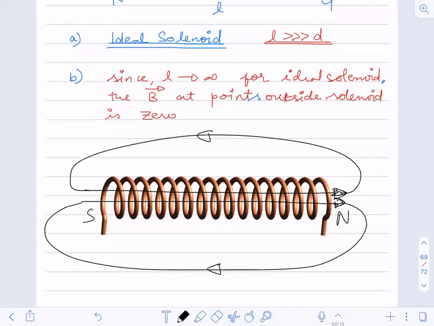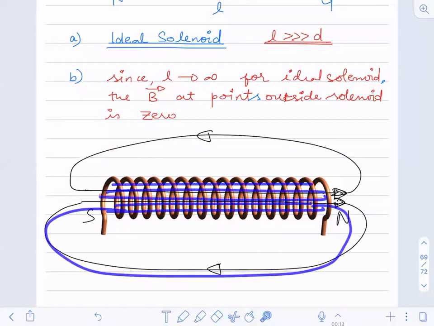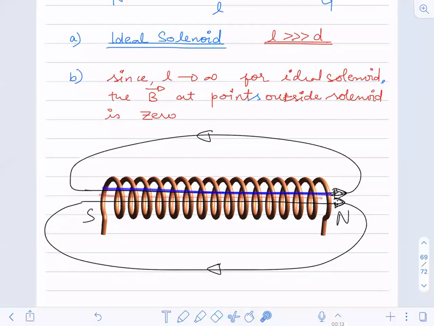Now, if this solenoid is very, very long, can you think that the lines which are inside this solenoid will get a chance to return back to the South Pole?